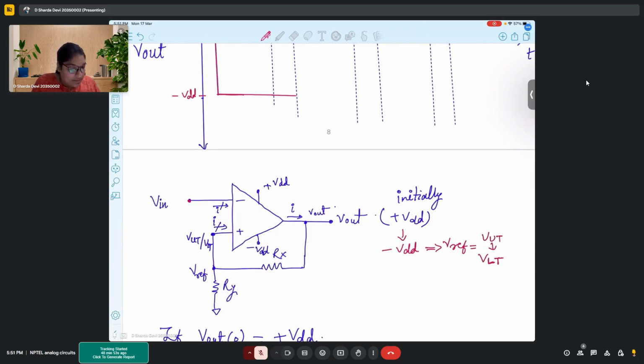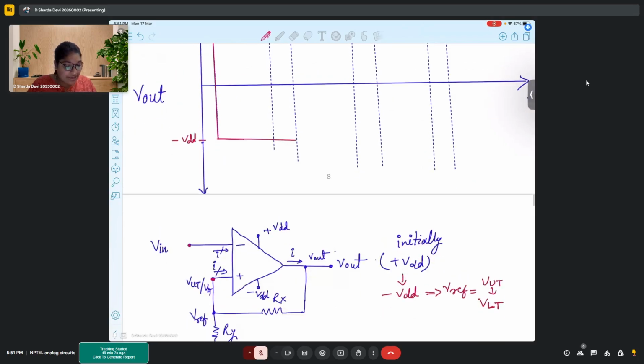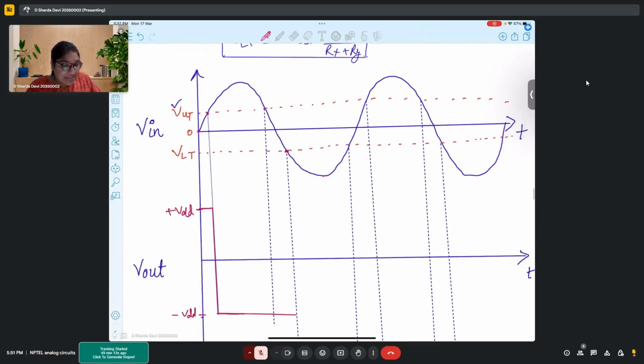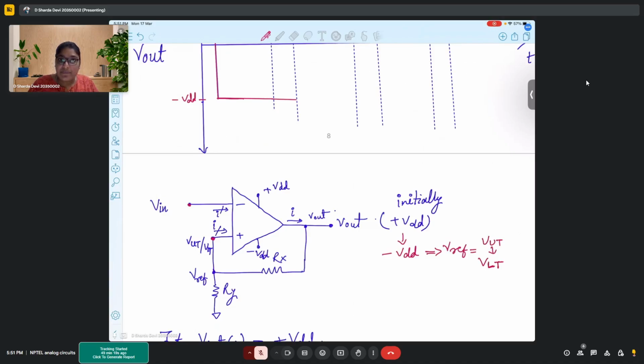Okay, now if this is the situation, after that what is happening? Your reference level has become VLT now. Your output is at minus VDD. Now, your input is reducing. Your input goes below VLT. So, if your input is less than VLT, which terminal is dominant over here?